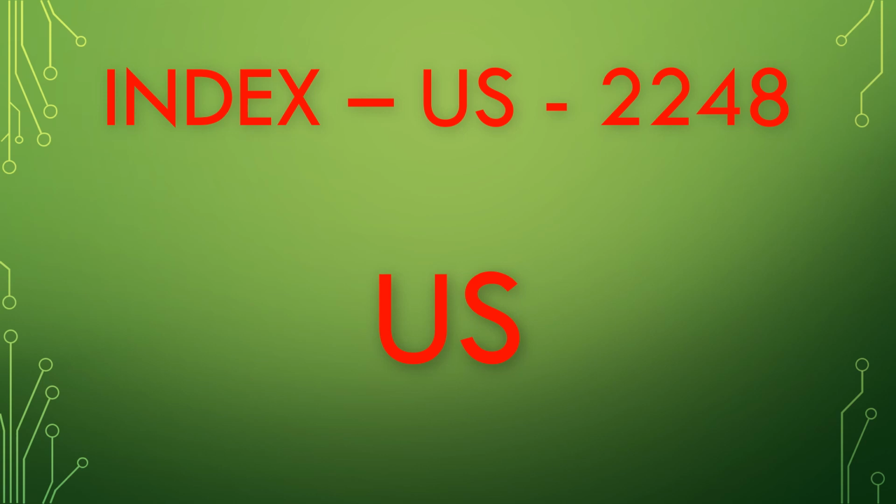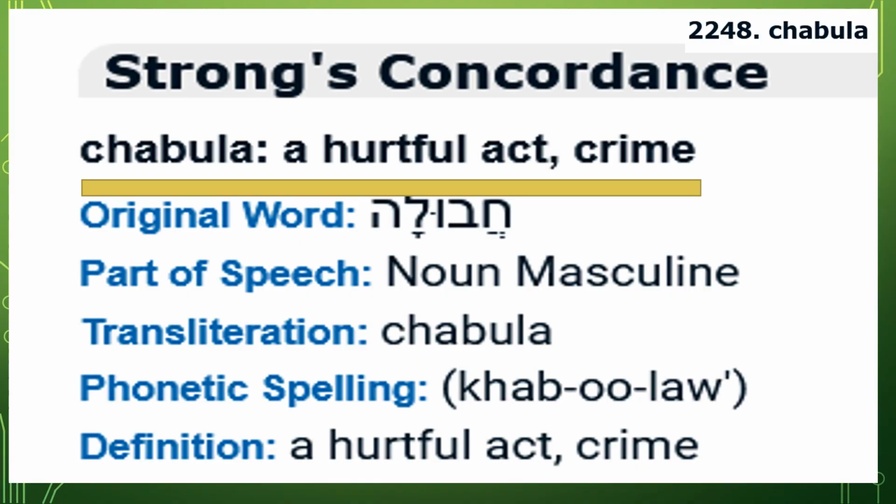Now, this is interesting, as you will see, because it does not indicate this idea of we or our or us. So the hard copy of Strong's leads you to this particular word. This is in 2248, and it is kabula, which means a hurtful act or a crime.